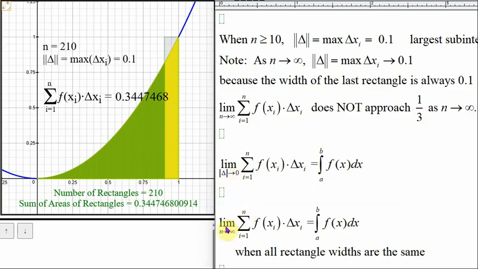And then we can use the notation with n approaching infinity if we can make sure that as n approaches infinity, all widths will approach 0, like in the case where the widths are the same. And that's the end of the video.